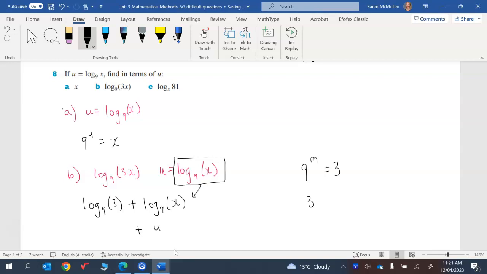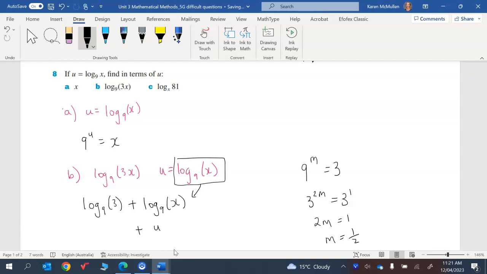So our base is 3. 9 can be written as 3 to the power of 2, and we've still got that m there. So 3 to the power of 2m is equal to 3 to the power of 1. Now that your bases are the same, 2m is equal to 1, so m is equal to 1/2.